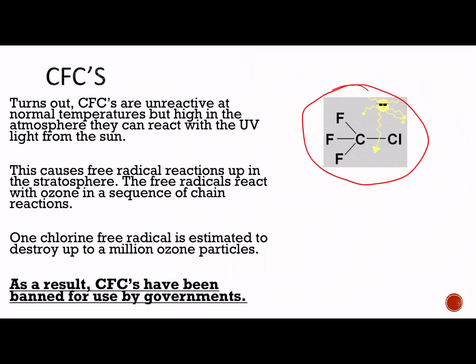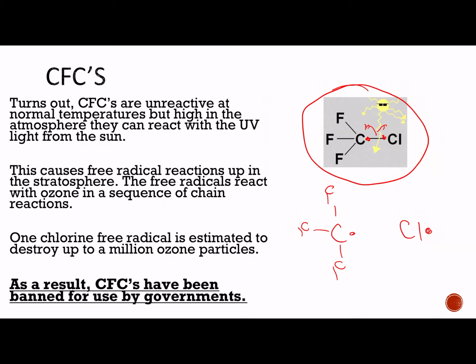The problem is that because they are gaseous, when these molecules get into the atmosphere, the sun will cause a homolytic fission of the carbon-chlorine bond instead of the carbon-fluorine bond, because the carbon-chlorine bond energy is lower, and so you end up with a free radical.